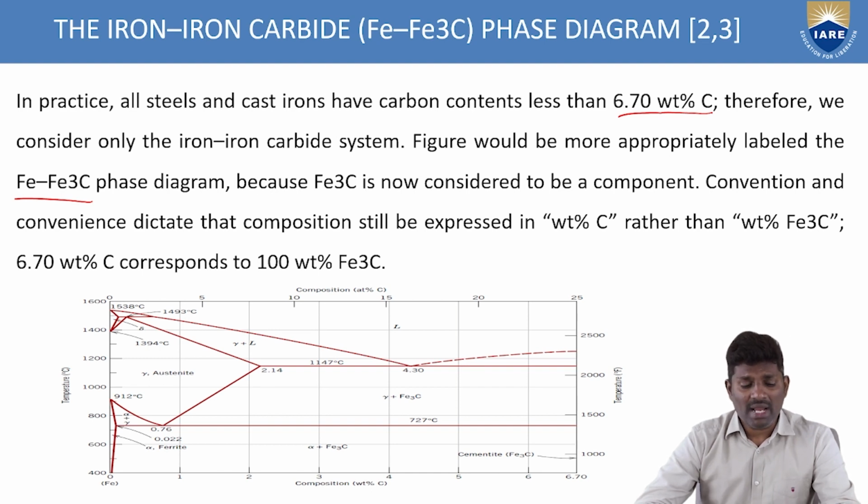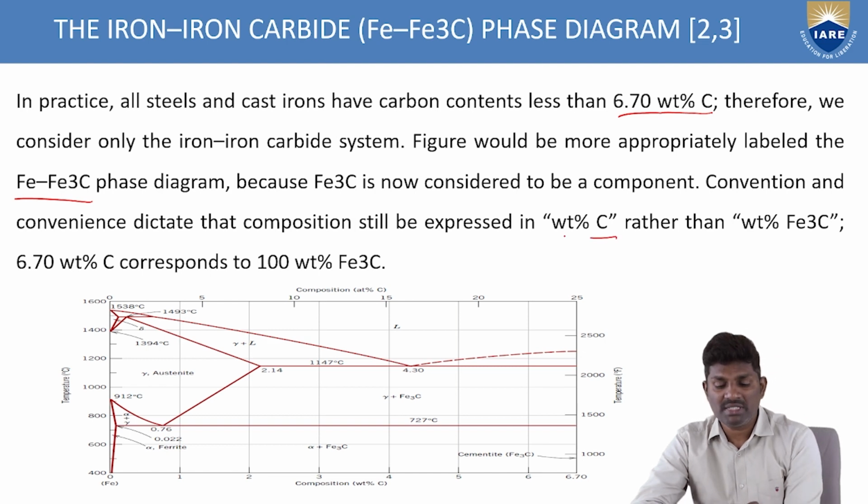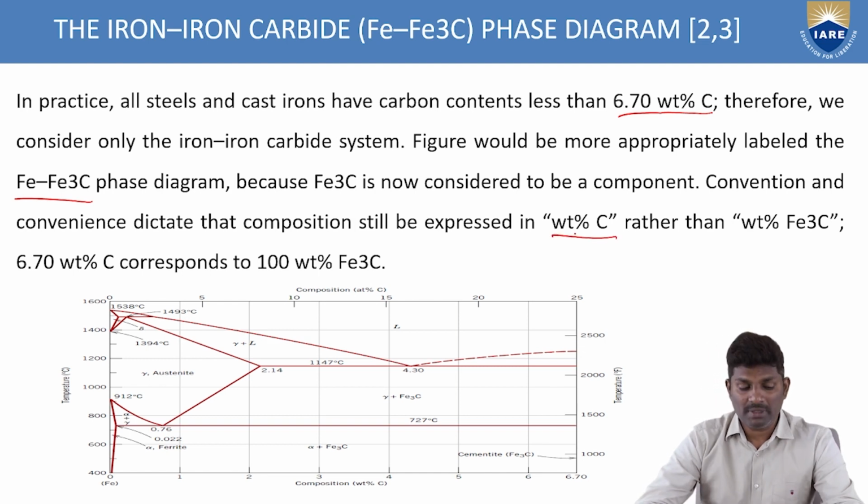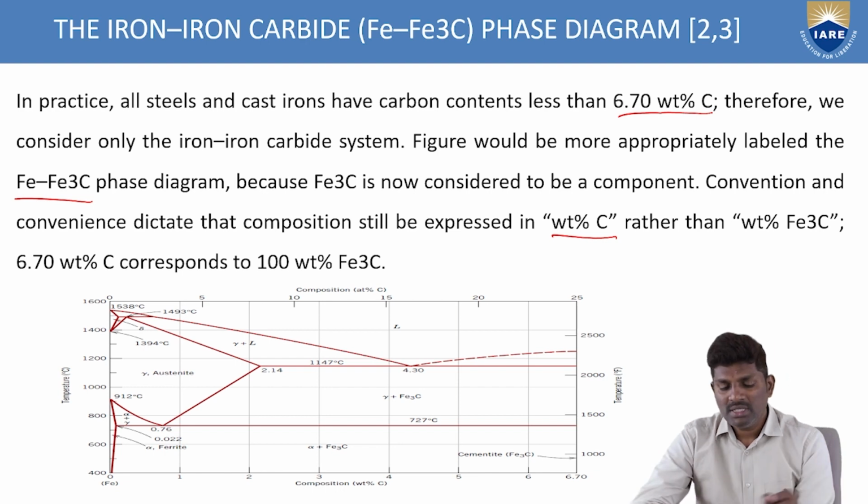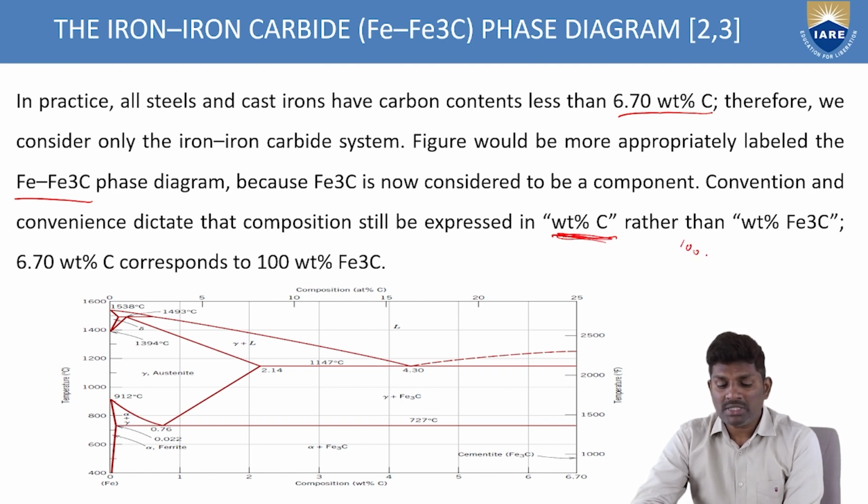So the convention, and convenience, dictated that the composition will be expressed in terms of weight percentage of carbon rather than weight percentage of Fe3C. So we'll write it as weight percentage of carbon. If it is 100 weight percentage of carbon, then it converts to graphite.